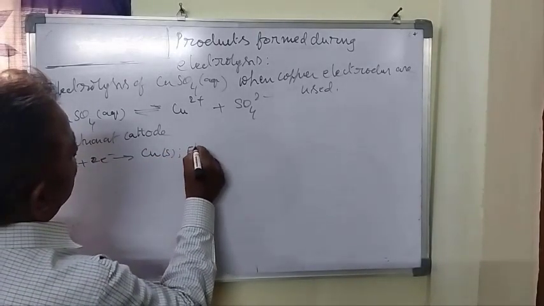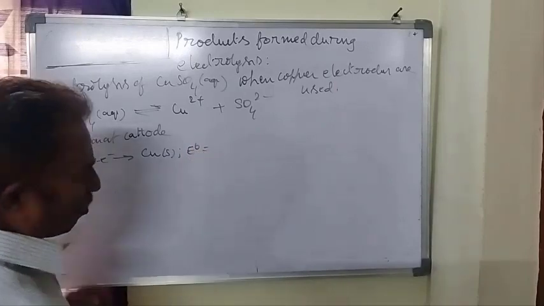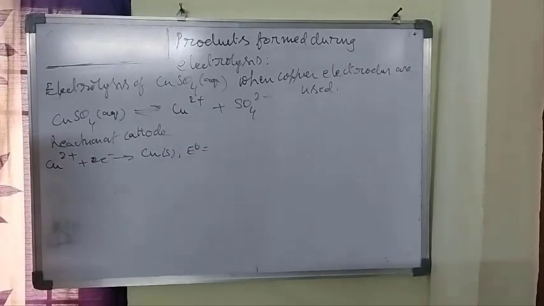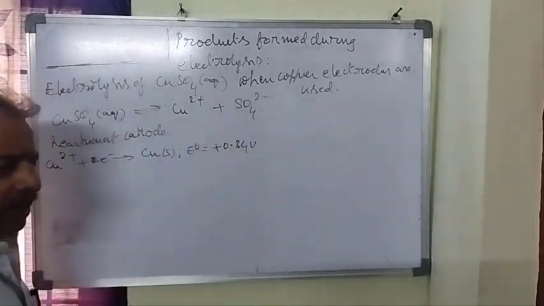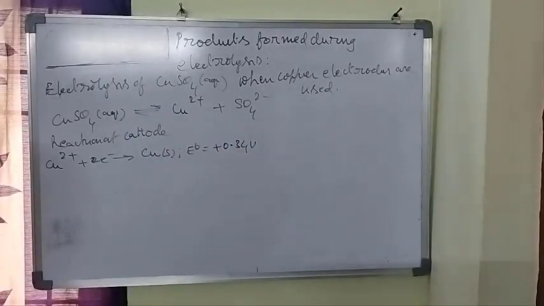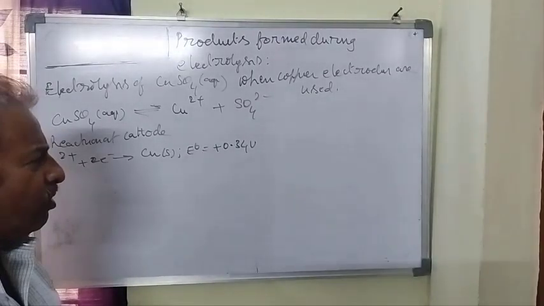Therefore, what is the E0 cell? That means the electrode potential of copper equals plus 0.34 V. Is there only one ion that reaches the cathode?